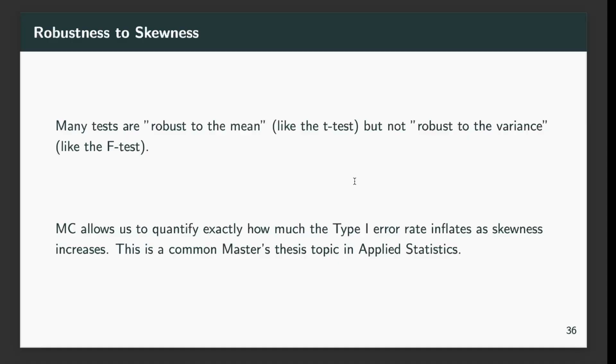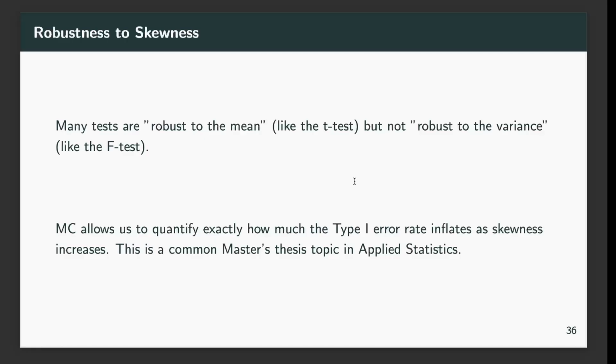Now we talk about robustness to skewness. Many tests are robust for the mean, but may not be robust for the variance. The one-sample and two-sample tests, for example, are robust with respect to their type 1 error rate when testing the means, even when the data is moderately skewed or heavy-tailed.